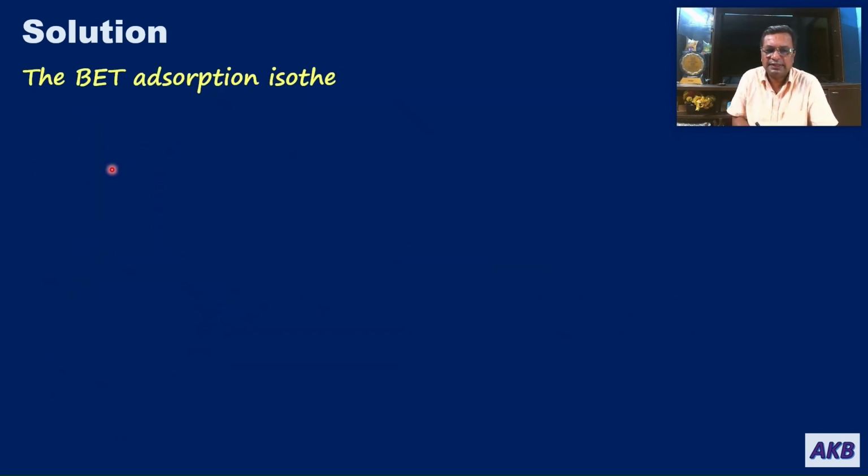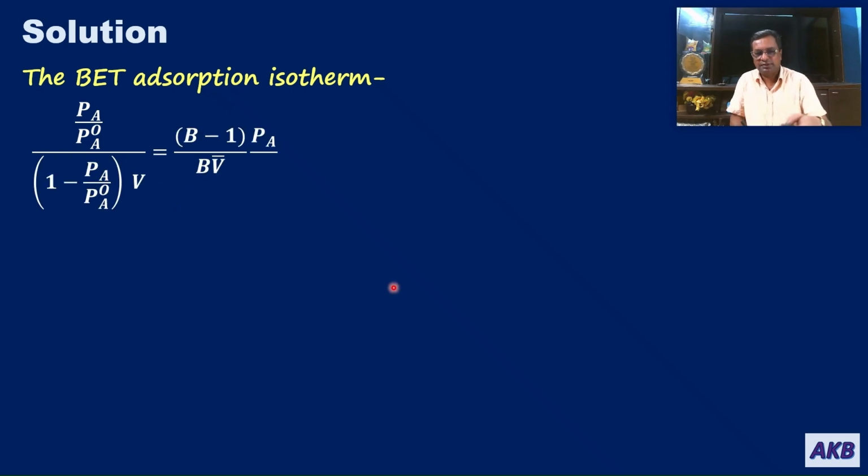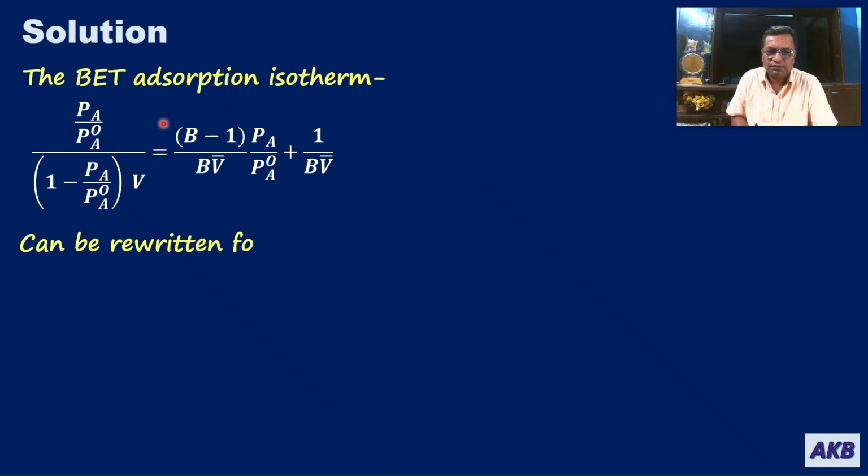So let us again look at it. We are going to modify the BET equation so that we can use it for this particular example. So you have the equation. I have again rewritten that equation. Now this equation, we can rewrite it for unit mass of adsorbent. The equation will remain the same, but some of the terms involved in that equation will have a different meaning.